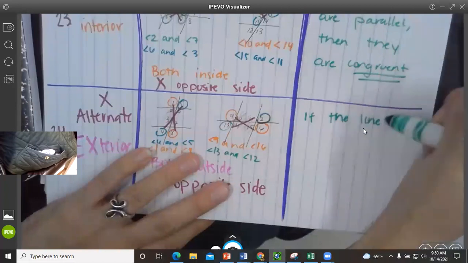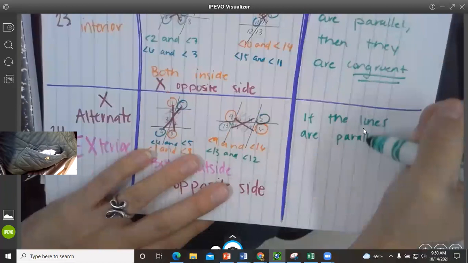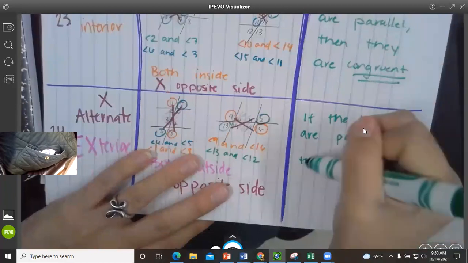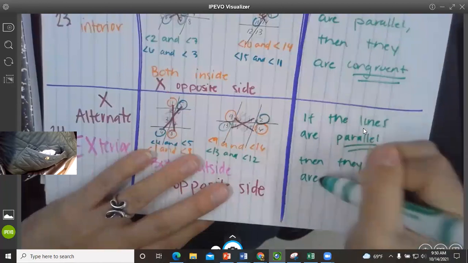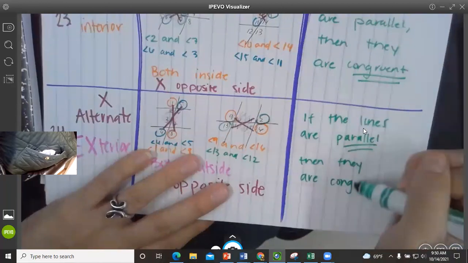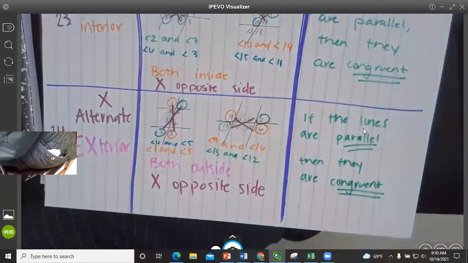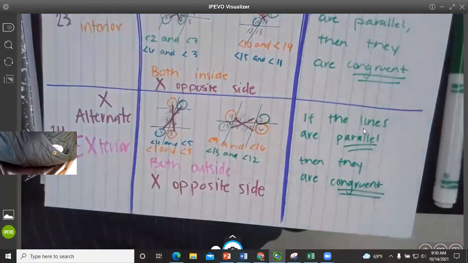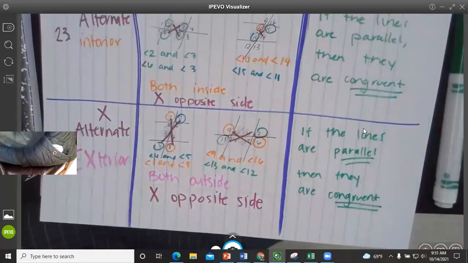If the lines are parallel, then they are congruent. For both of them, the same thing, to show they're all congruent except for same side interior.